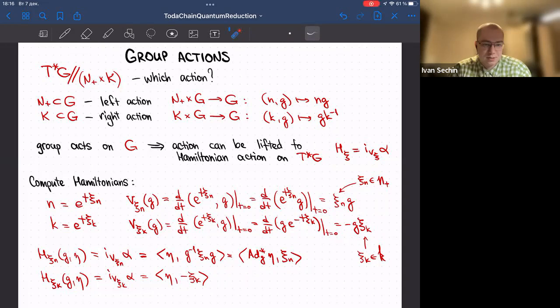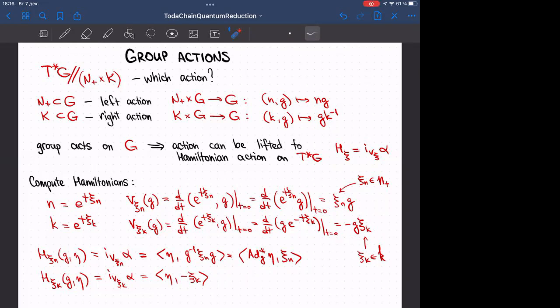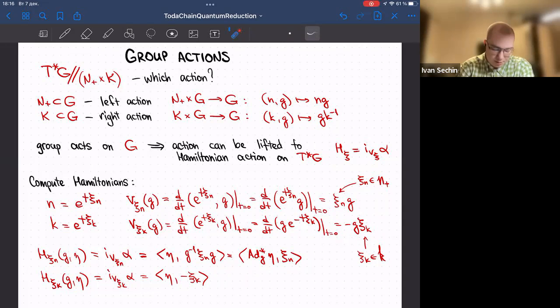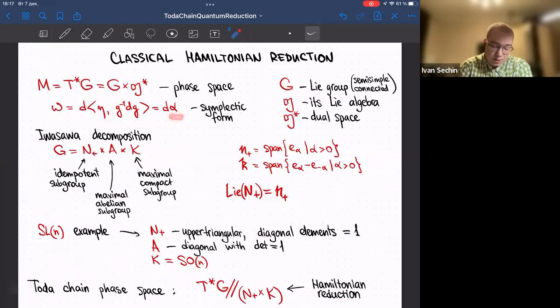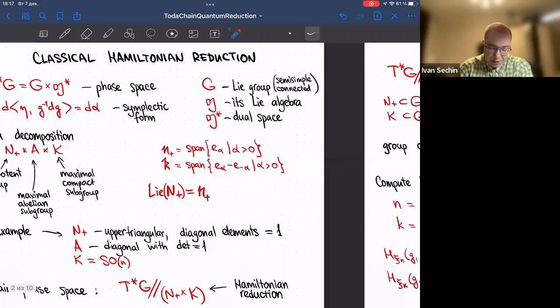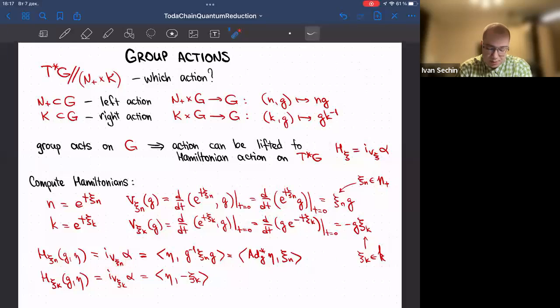Is it okay? Yes. Almost yes. Now I recall that alpha is the canonical one-form. We substitute these vector fields into alpha, and we get Hamiltonians for these two actions.